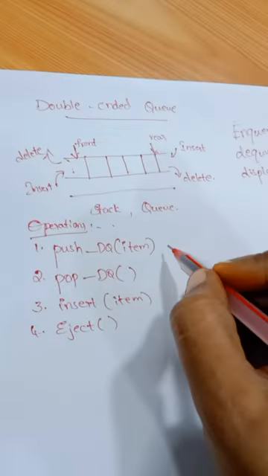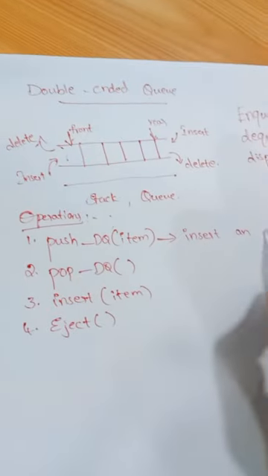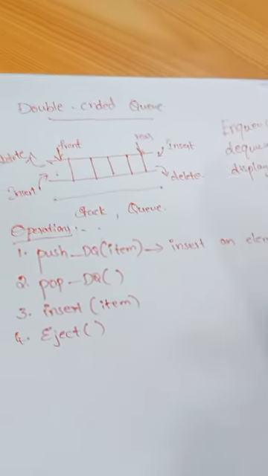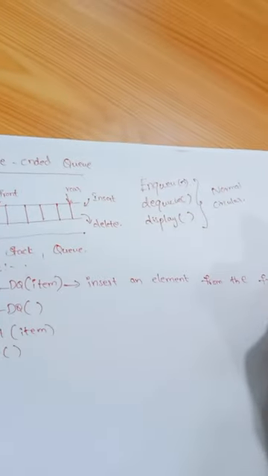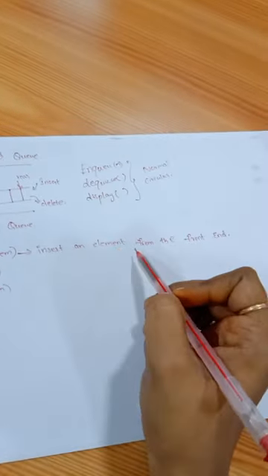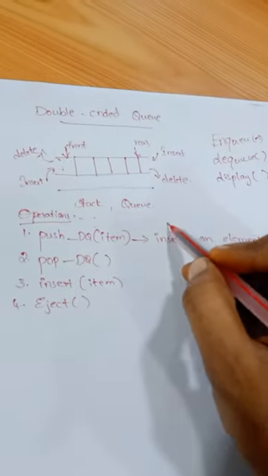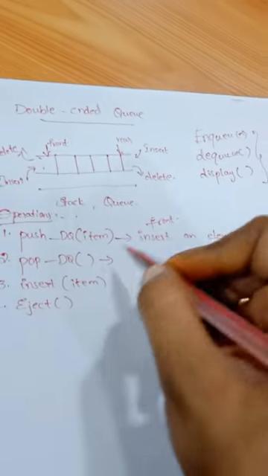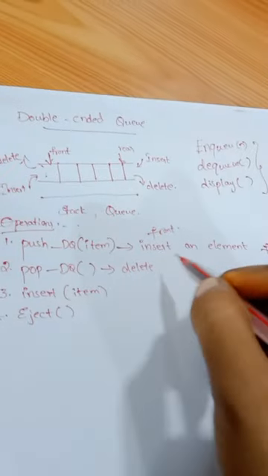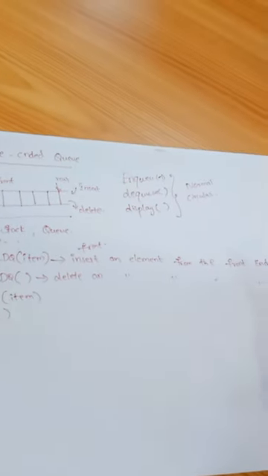Push means we insert an element from the front end. Similarly, pop DQ means delete an element from the front end.